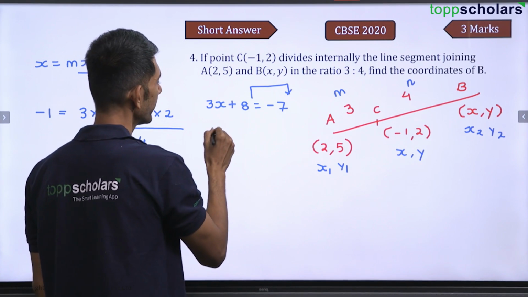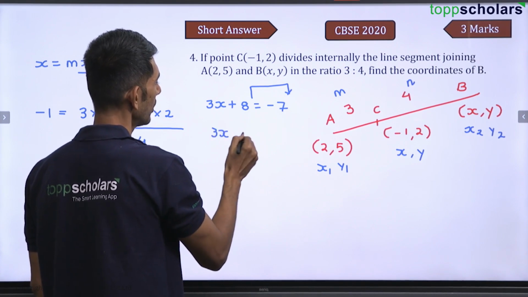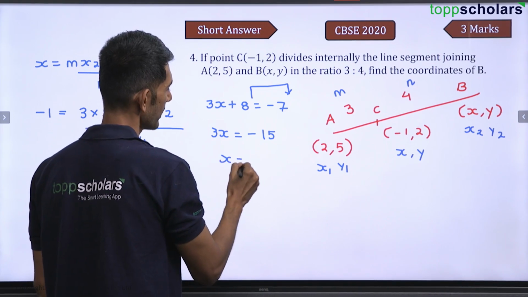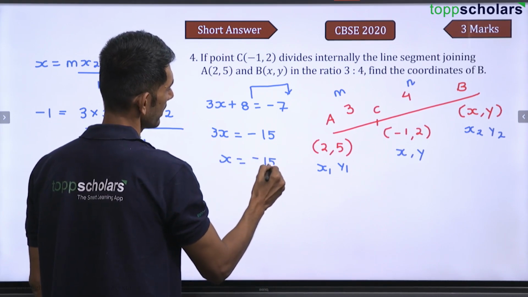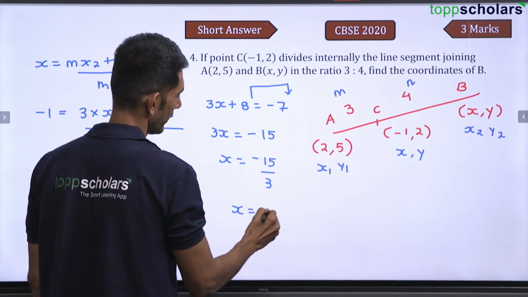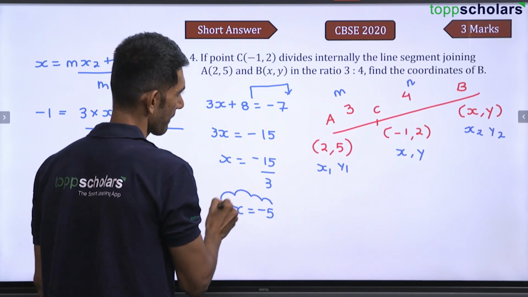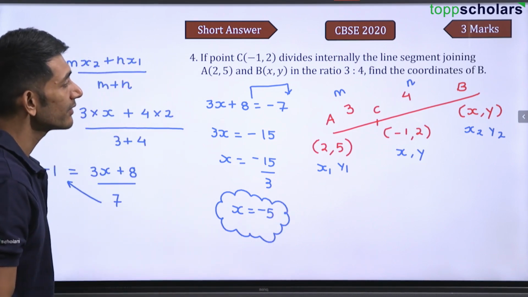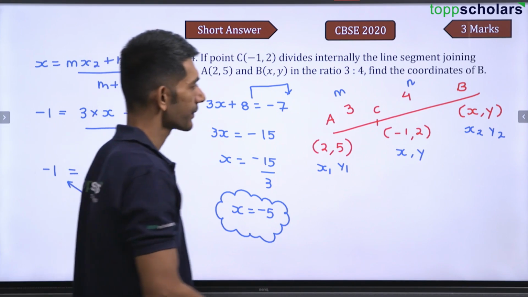So 8 goes there, so 3x is equal to -7 minus 8, that is -15. So x will be equal to -15 divided by 3, and the value of x that you get is -5. Correct? So the value of x is -5.